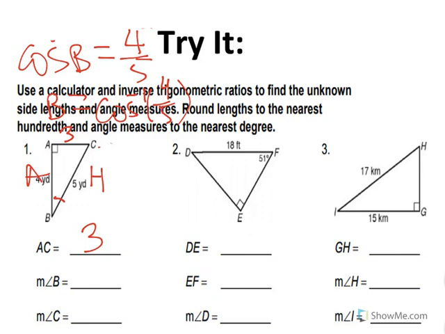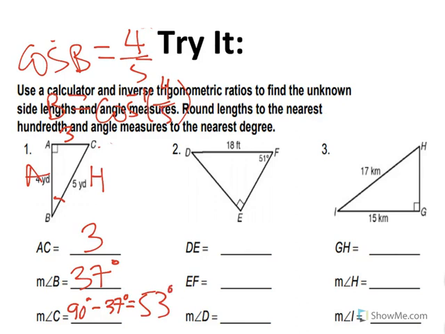And from there, just use your calculator. So this, to the nearest degree, we can round up to 37 degrees. To solve for C, we take 90 minus 37. So it will be 53 degrees.